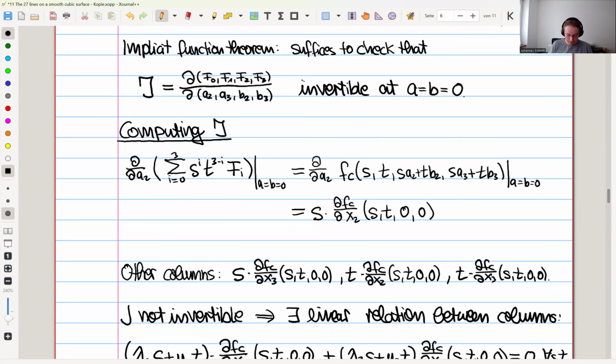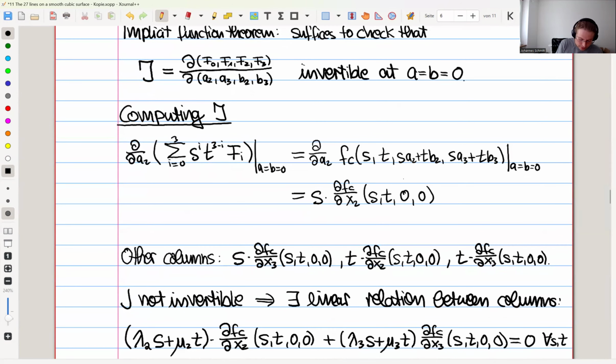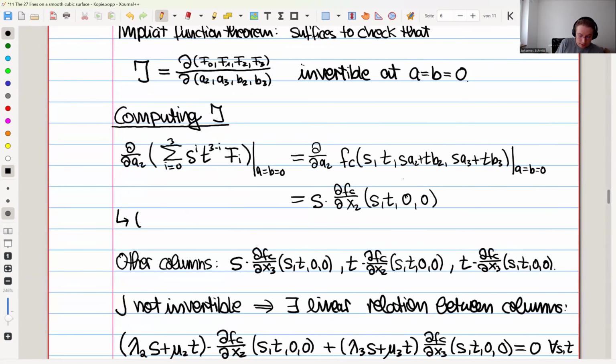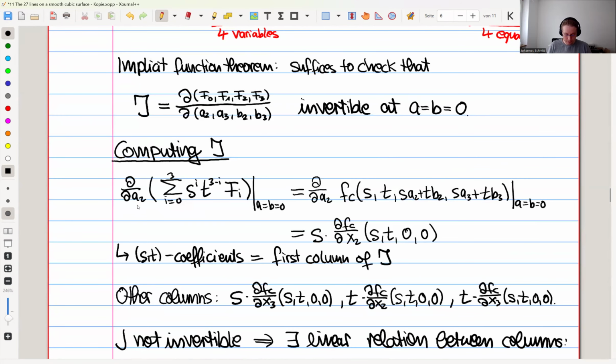And so what we see from this is that the s comma t coefficient now exactly gives the first column of this matrix J. Because this was the derivative with respect to A2, it gives the first column. And so these coefficients just give the entries of this column.